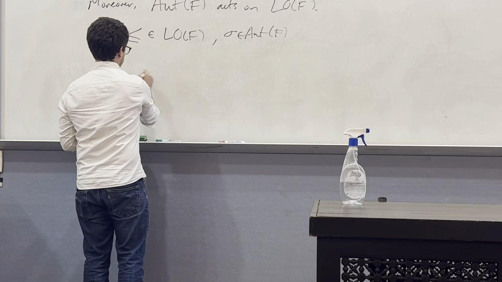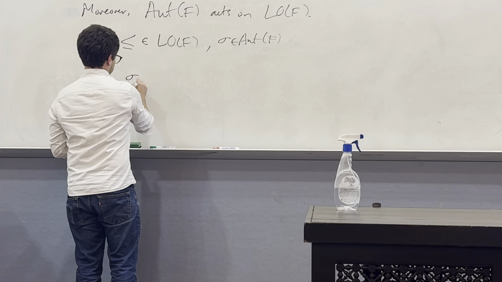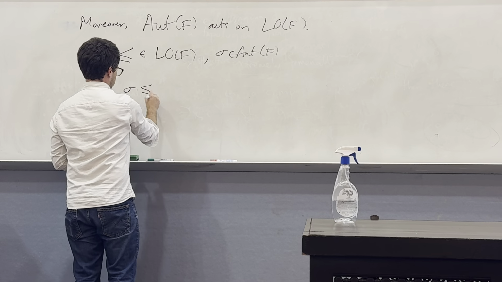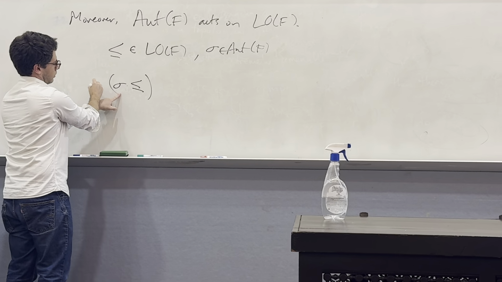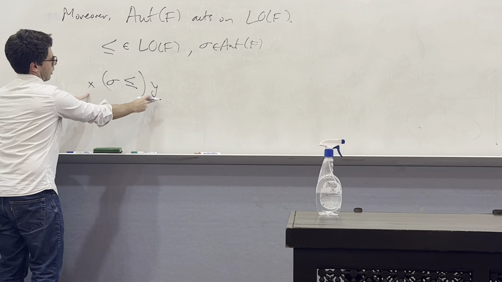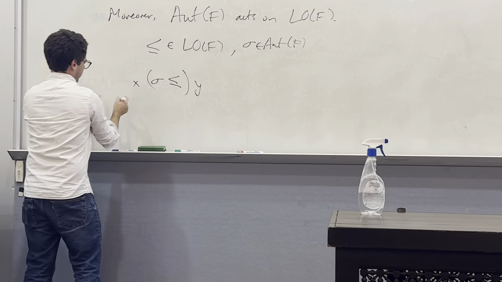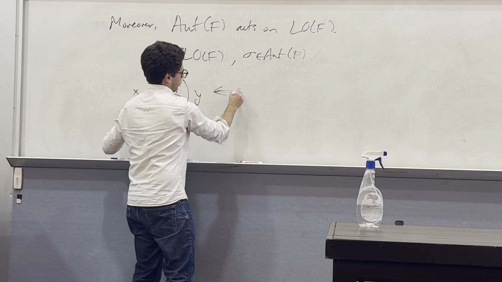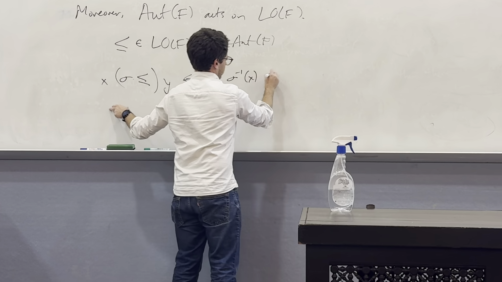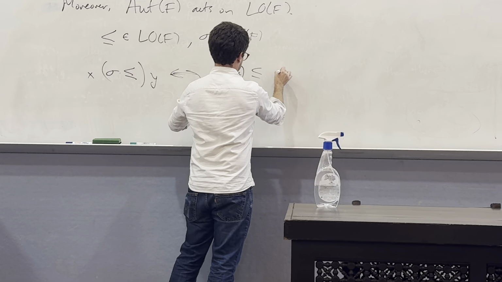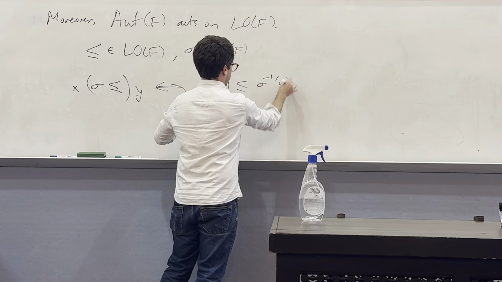Well, you just say sigma... So I need to tell you, for any elements x and y, whether or not this is true. And this will be true if and only if sigma inverse of x is originally less than sigma inverse of y.